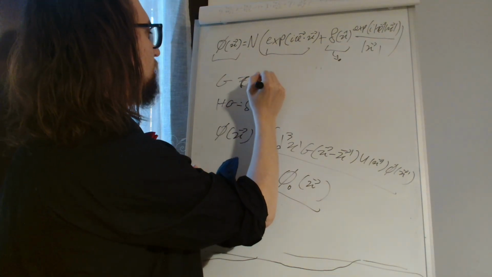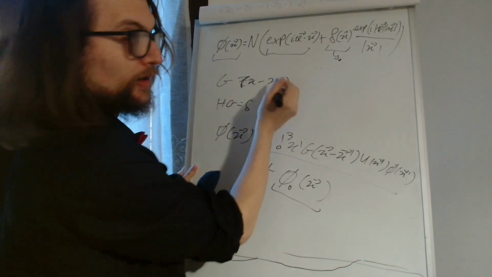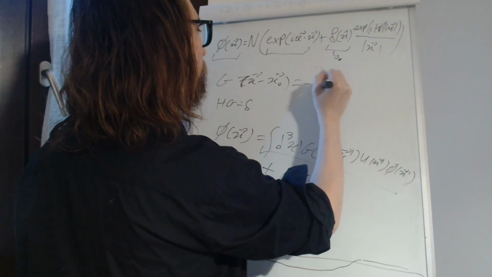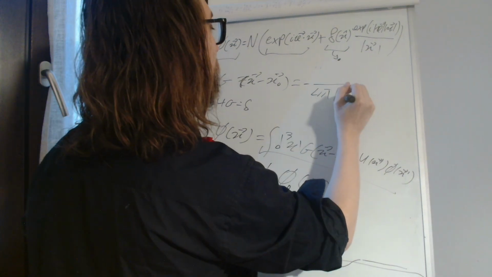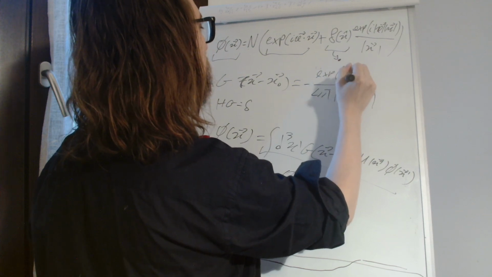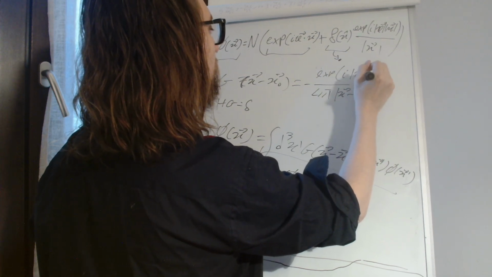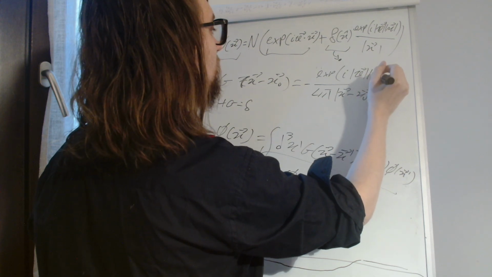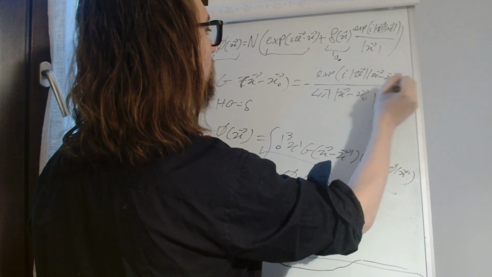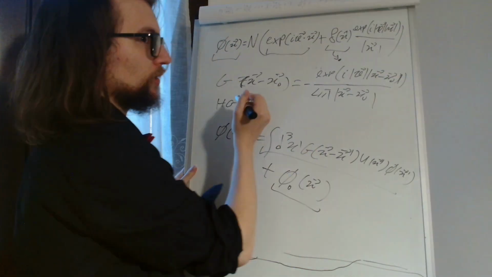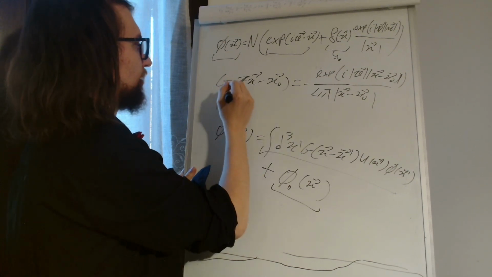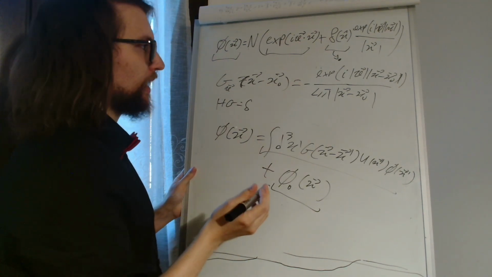We can use this expression for a Green function of x minus x0, which is minus 1 divided by 4 pi the modulus of x minus x0 times the exponential of i modulus of k times the modulus of x minus x0. So this is the Green function relative to the Helmholtz operator with momentum k.